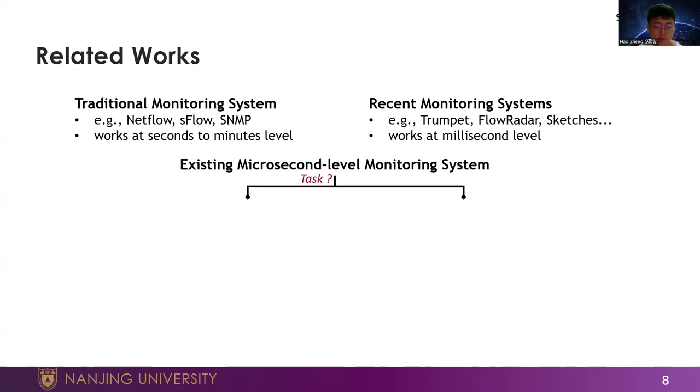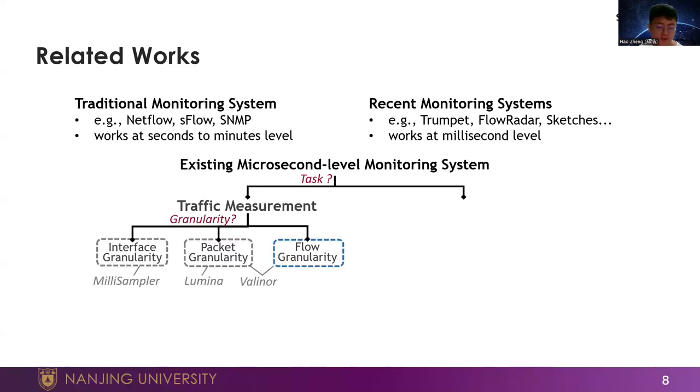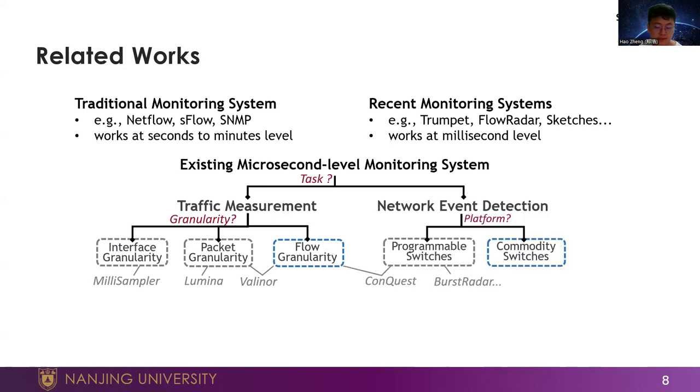Existing microsecond level monitoring systems can be divided into traffic measurement systems and network event detection systems. For traffic measurement purpose, existing systems operate at interface granularity or at packet granularity. The interface granularity cannot observe per flow behavior, and the packet granularity limits the large-scale deployment.